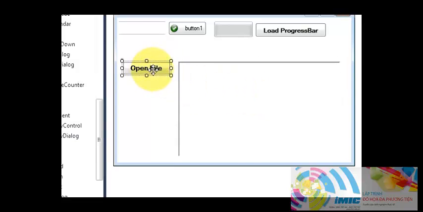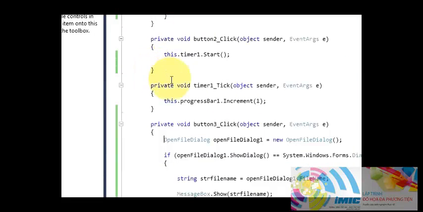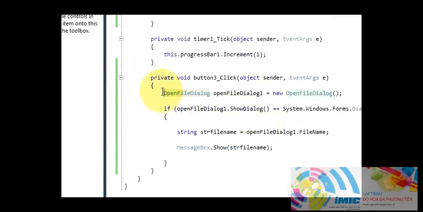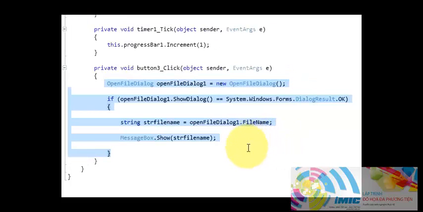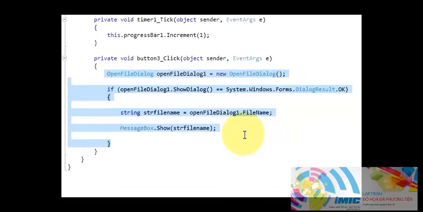Just double click your button and this is the code for open file dialog. It opens a file dialog and copies a file path. I showed you this code last time.